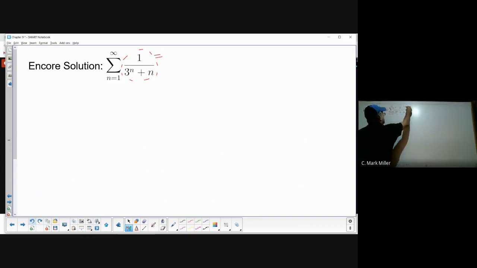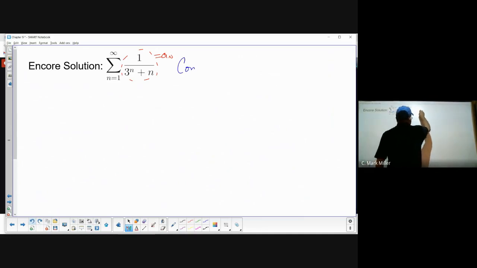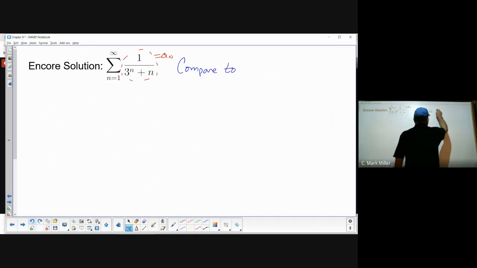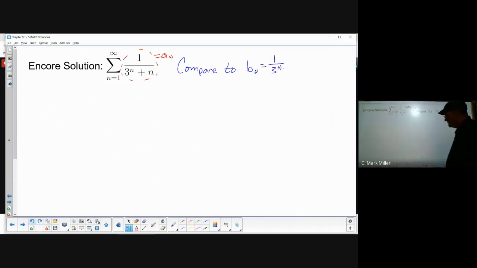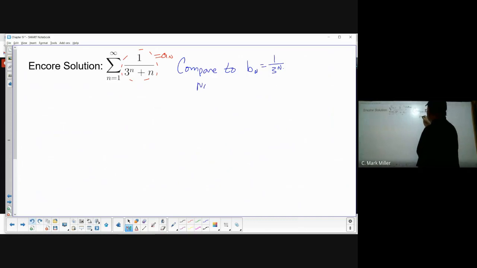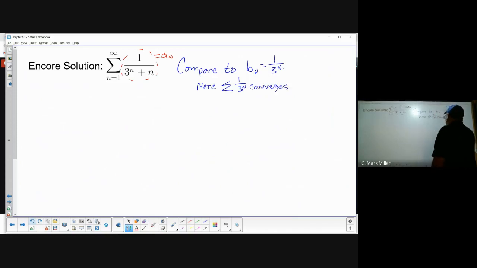Call this AN. And we're going to compare to BN, which is 1 over 3 to the n. Note, sigma 1 over 3 to the n converges. Why does it converge?